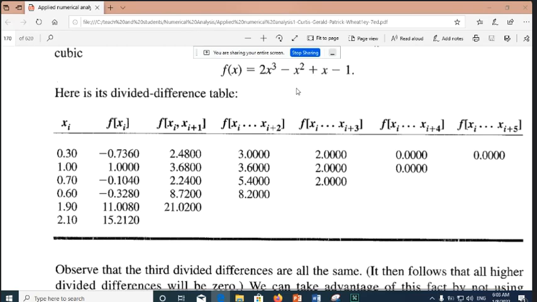No extra point is needed, and we can use just the first 4 points, and we get 3 differences in the third column, 2 differences in the fourth column, and 1 divided difference in the fifth column of this table is equal to 0.